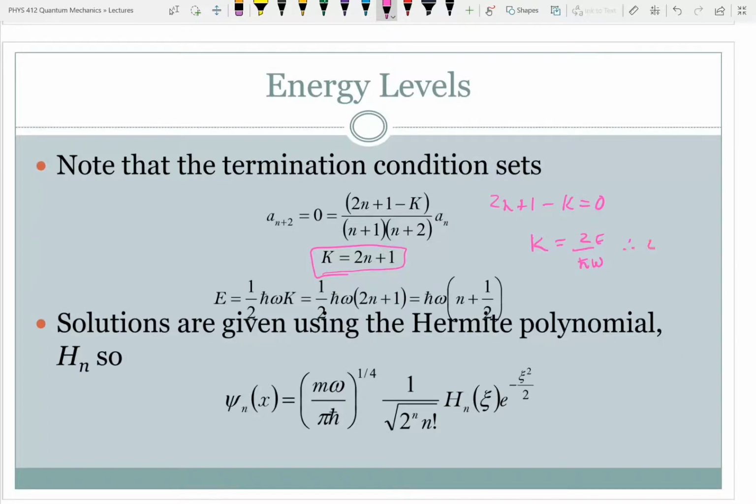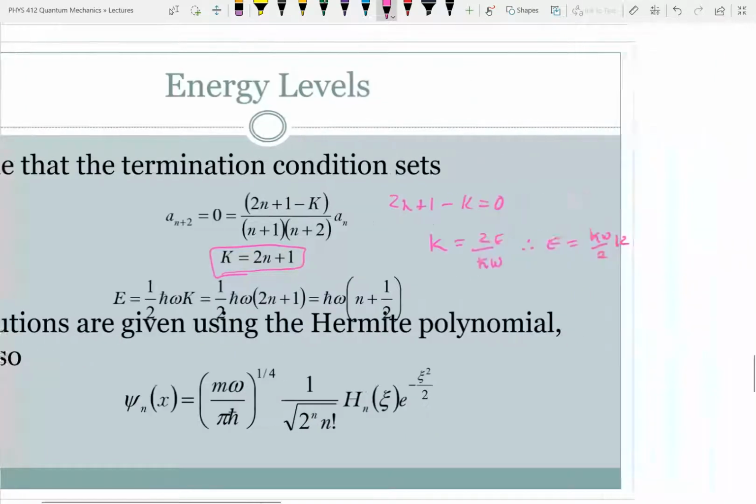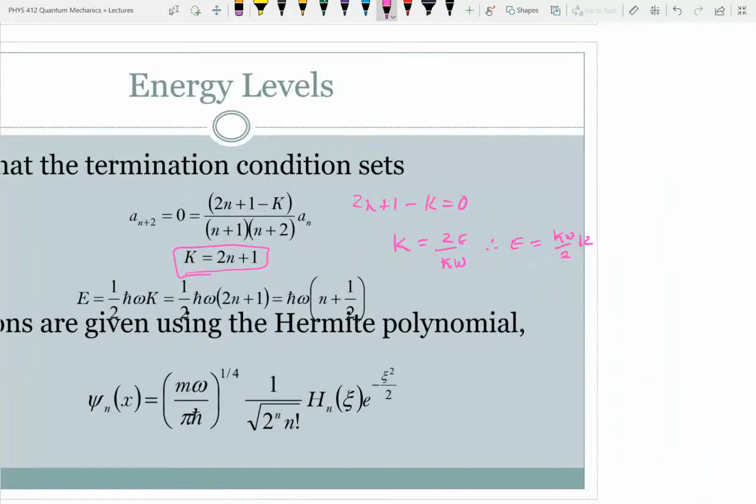So therefore, the energy is equal to h bar omega over 2 times K. And so with that solution for K, all of these are equivalent, but we now have a quantized energy.